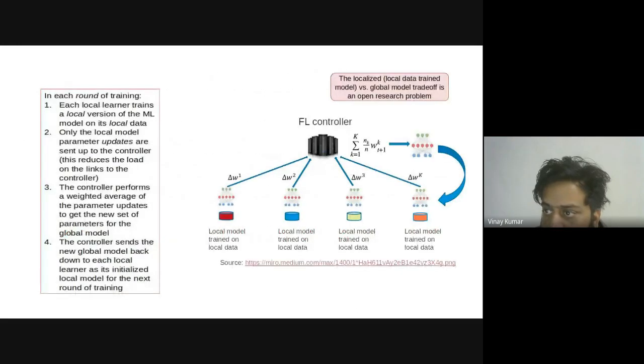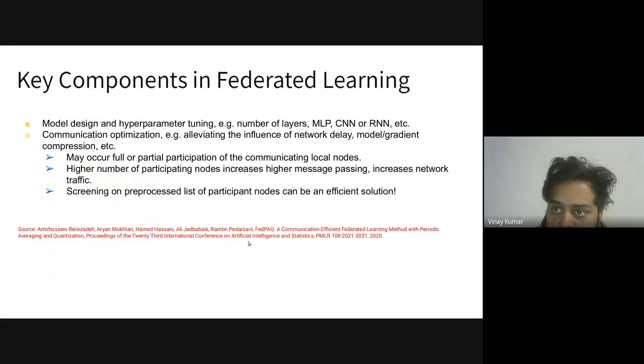You can have a good look at the components that I have already told you about: the FL controller and the local models. As a model, you are required to have some machine learning model.